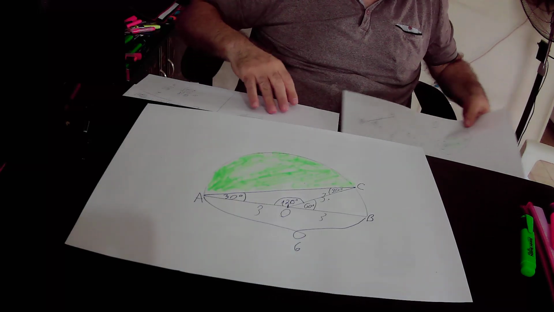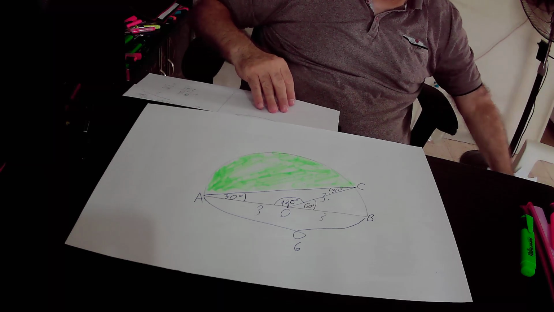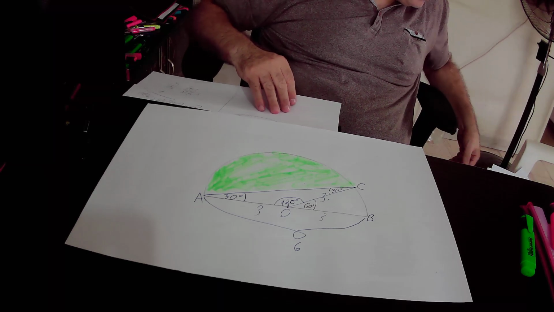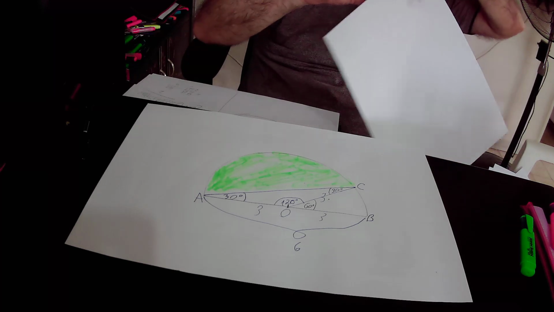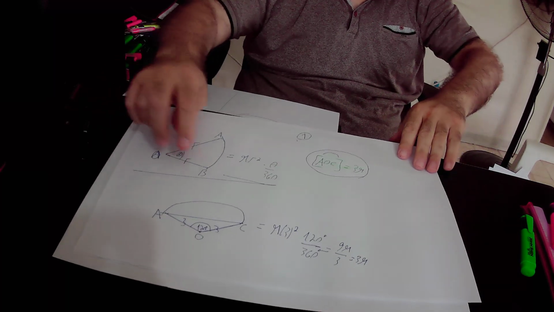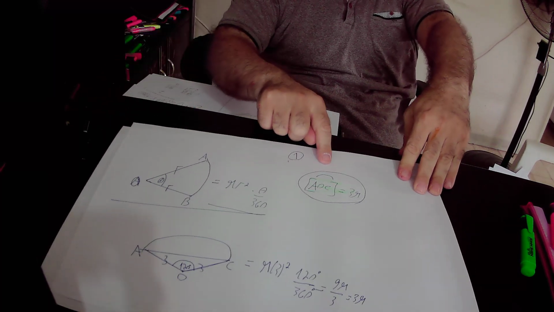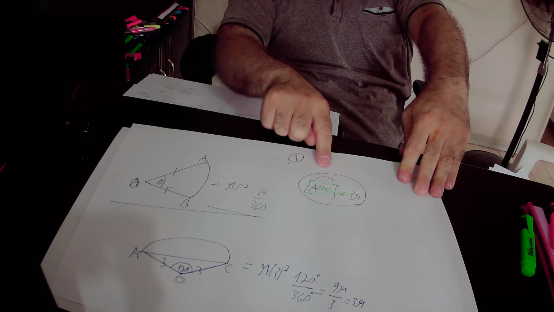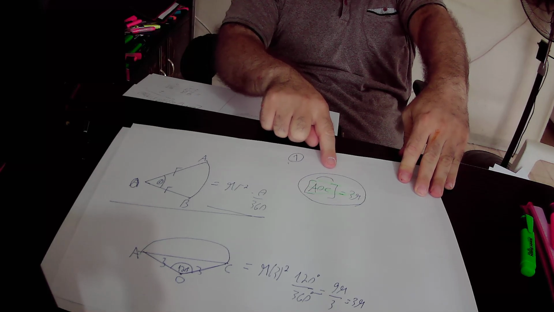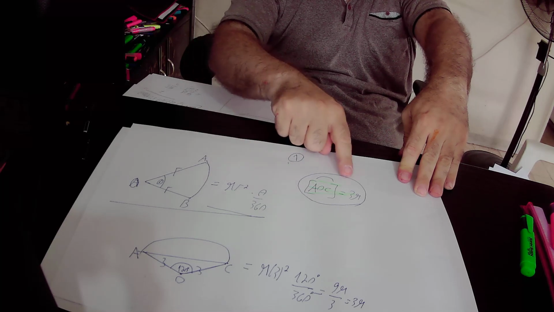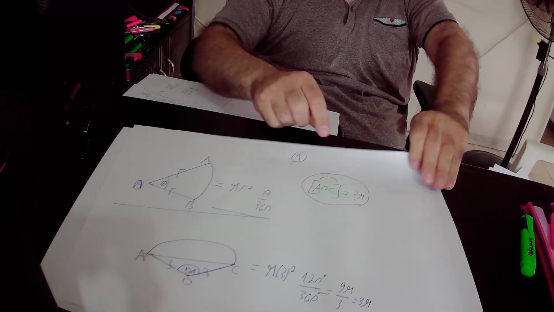Okay? This is the sign for the area of a sector. The area of this sector AOC equals 3 pi square units.